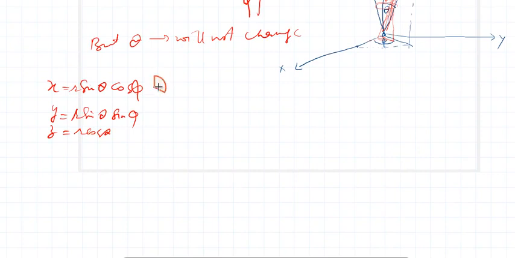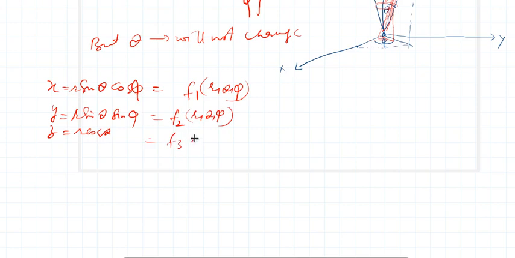So x is a function of r, theta and phi. y is also a function of r, theta and phi, and z is also a function of r, theta and phi, because x, y and z all depend upon r, theta and phi.